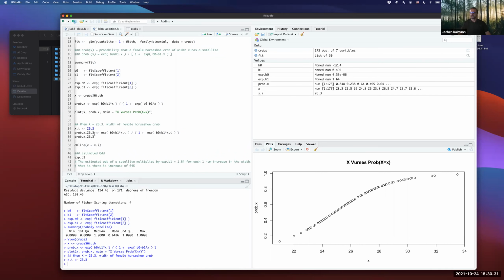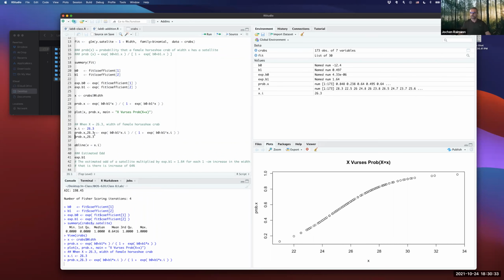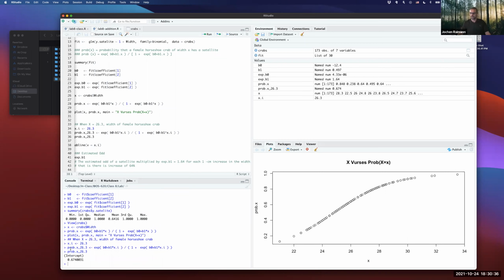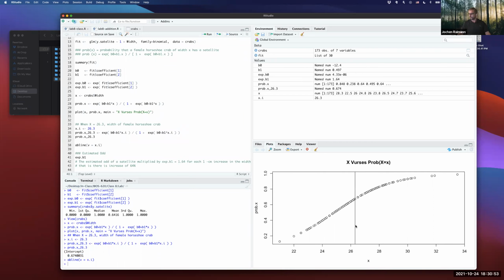You can set this to 26.3 and calculate the probability for a female with a width of 26.3. You can calculate this as 0.67. When you use this as an abline, you see that this should be at 0.67. So this is very nicely done and very nice to illustrate how useful that can be.